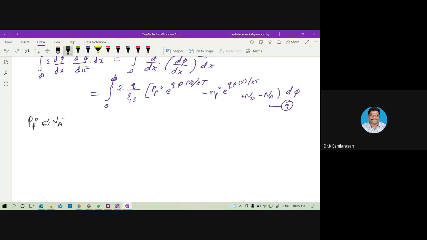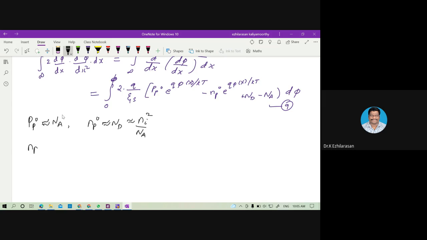Next, NP0 is approximately equal to Nd, the donor, and again approximately Ni square by Na.